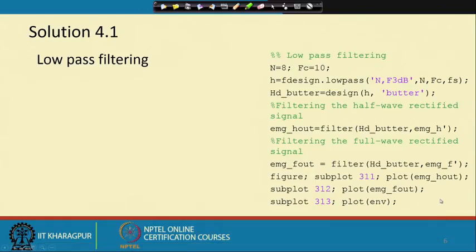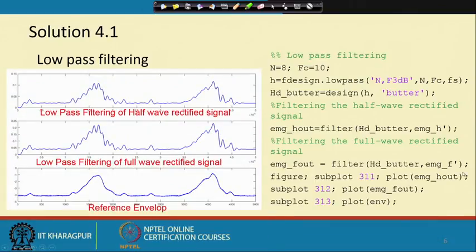These are the 3 inputs given here. At the top, the half wave rectifier output after filtering, because of the filtering a lot of high frequency components have been reduced. So the ripple has gone down, it does not look so jagged, and both of them look close to the reference envelope.